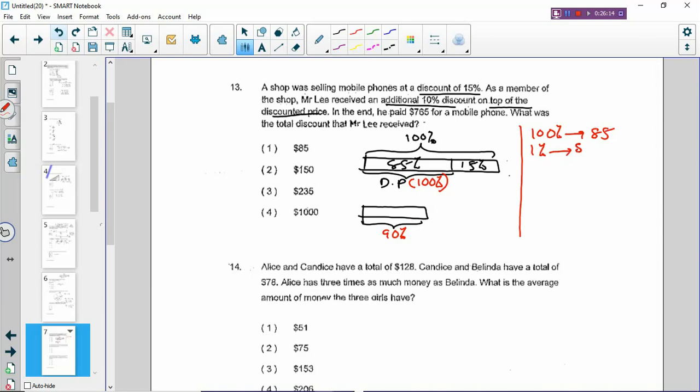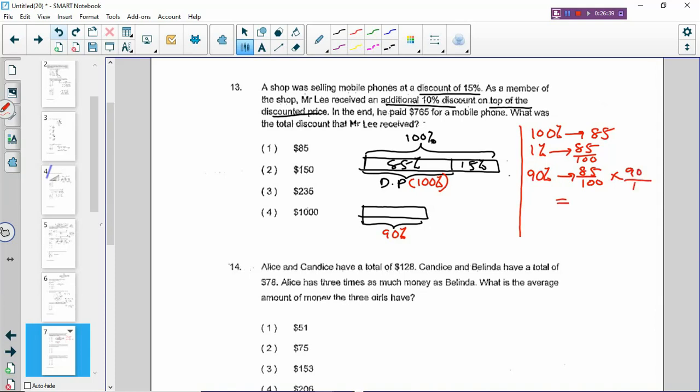So I will write 85 out of 100 as a fraction. If you want to simplify, you can, which is up to you. If not, you can leave it like that. Then you find 90%, because after 10%, you pay only 90% as a member. Then you take 85 over 100 and multiply by 90, to find how much is 90%.